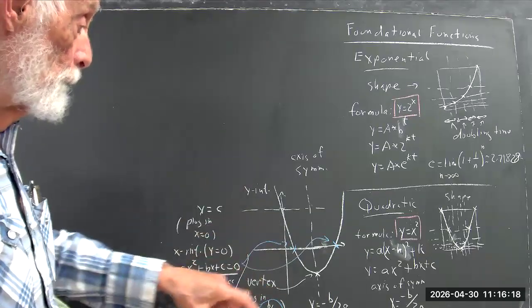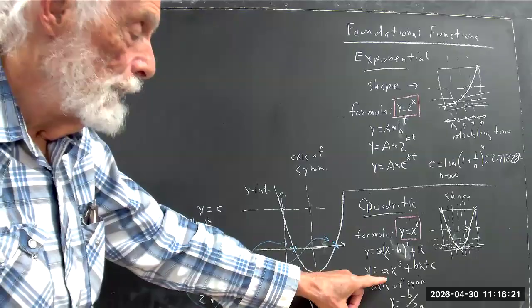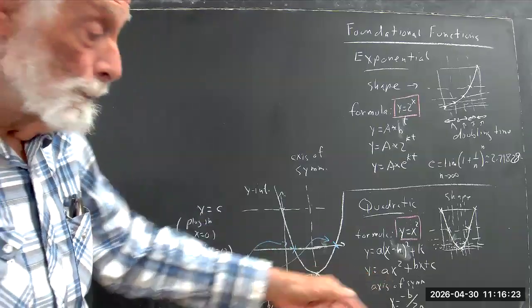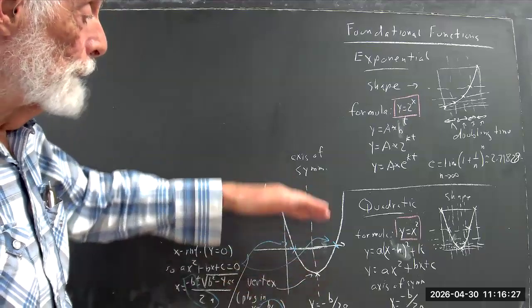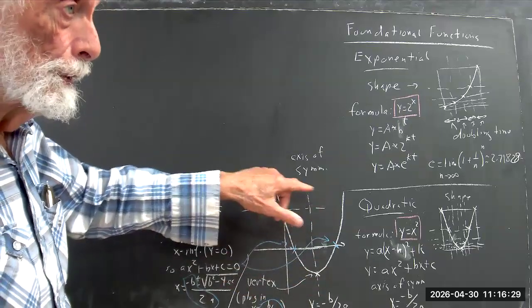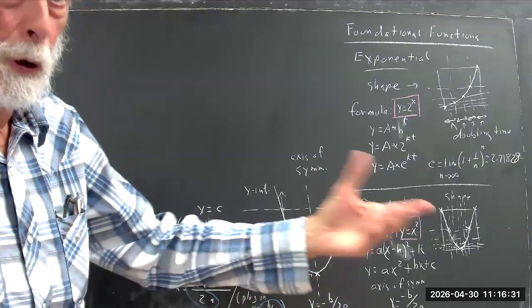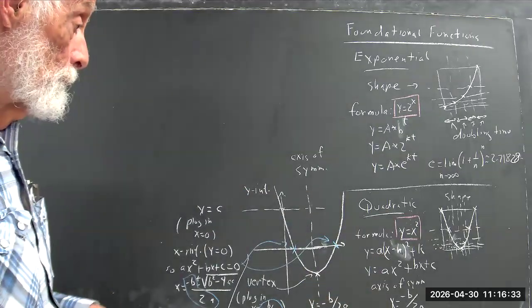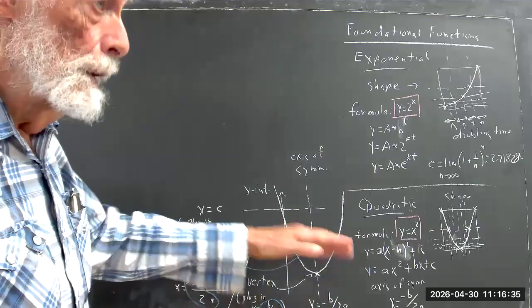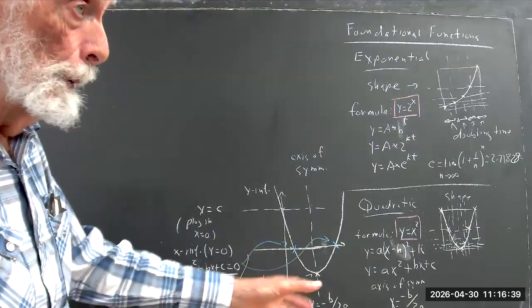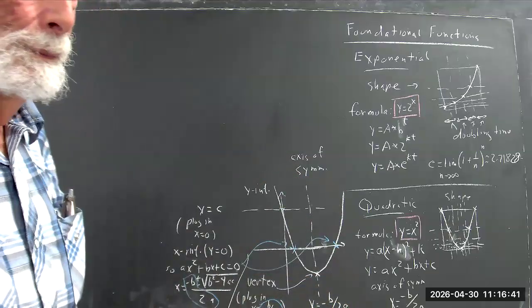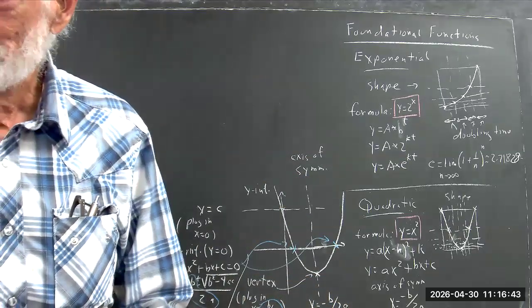And if the graph is inverted, which it would be if a is negative, the vertex might be above the x-axis, in which case you're going to have zeros as it opens downward. Or it might be located completely below the x-axis. Vertex below the x-axis opening downward, it's never going to hit y equals 0.